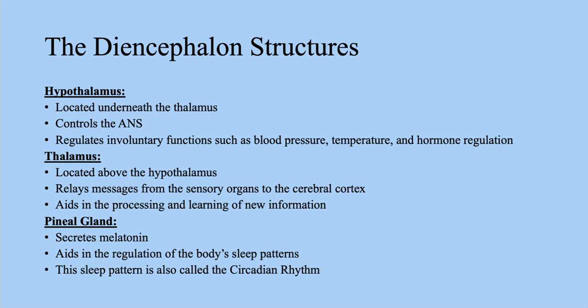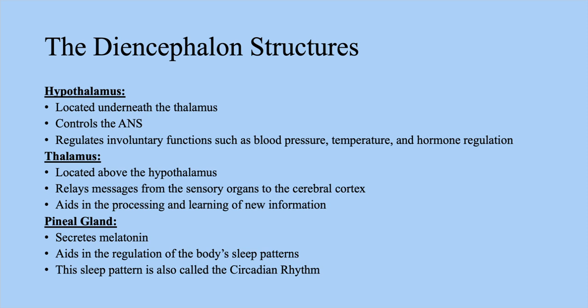As we discussed in an earlier video, the ANS regulates involuntary functions which we don't have control over, such as blood pressure, temperature, and the last one is very important, hormone regulation. The hypothalamus is the main part of hormone regulation, but we'll discuss this further when we learn about the endocrine system.